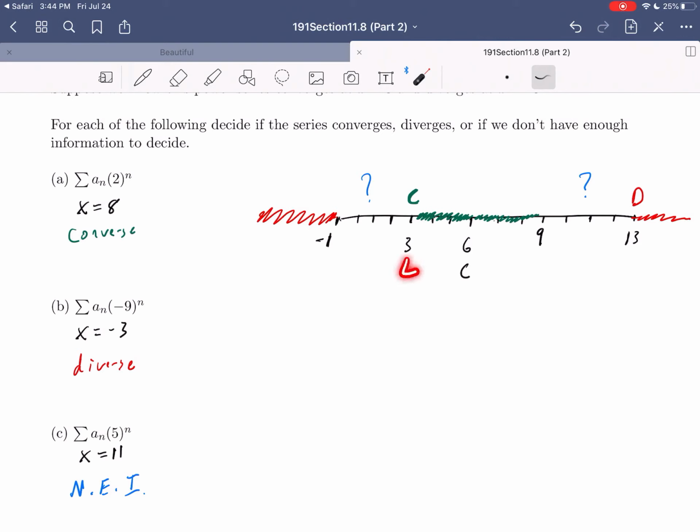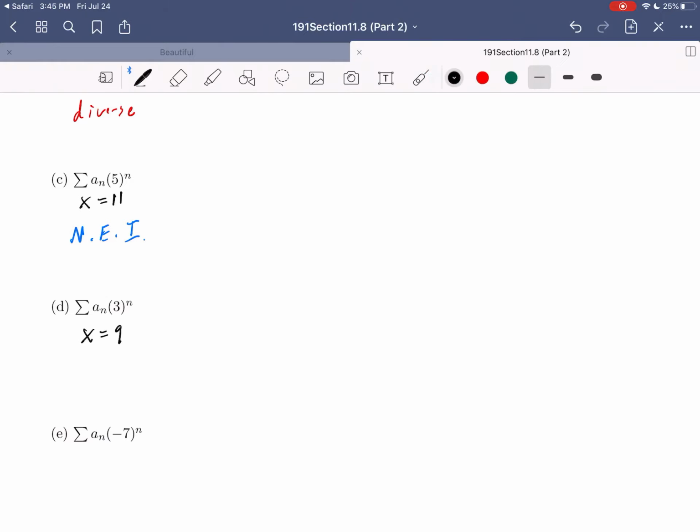So theoretically, this might be our interval of convergence. And as we know, if it converges at one endpoint, it might actually diverge at the other endpoint. But we don't know. So unfortunately, 9 is also an example of not enough information. It's equidistant from something that converges. That could be convergent or it could be divergent.